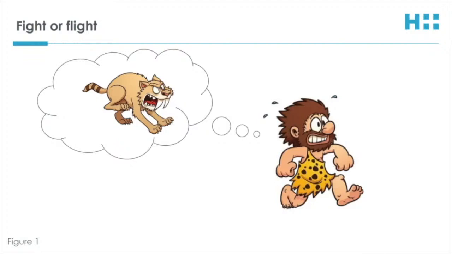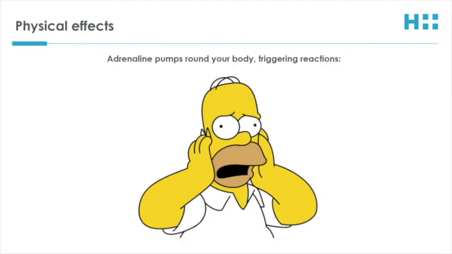So what happens to our physical body when this happens? The first thing to note is that adrenaline is released, triggering lots of reactions around your body. Firstly, your brain is hijacked. The emotional brain takes over from your thinking, logical brain.